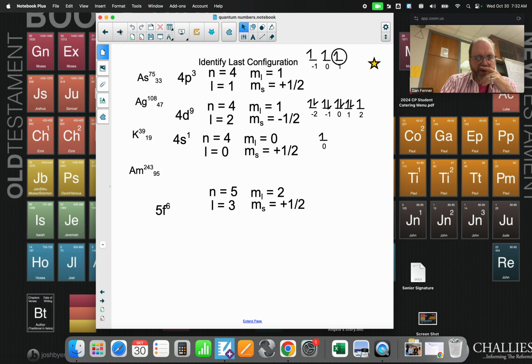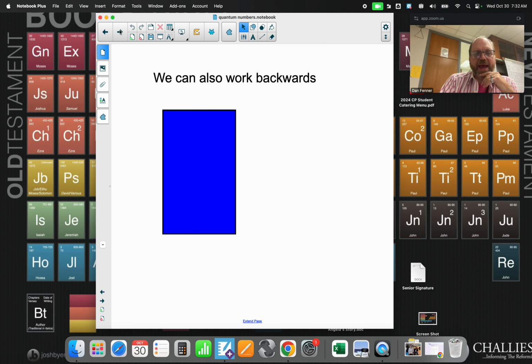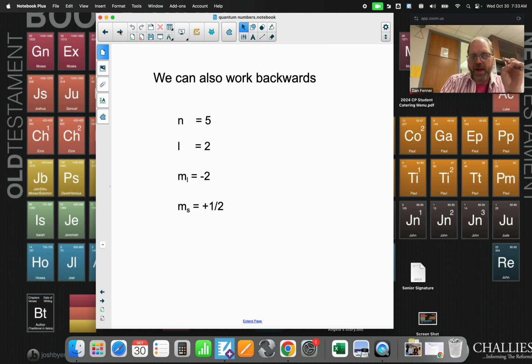There we go. Okay. Now, we can also go backwards. What do we mean go backwards? Well, if I give you the n, l, m sub l, and m sub s, we can identify what the element is. Because n is 5, the energy level is 5. Because l is 2, the orbital is D. Now, remember there are 5 rooms, 5 suborbitals there.